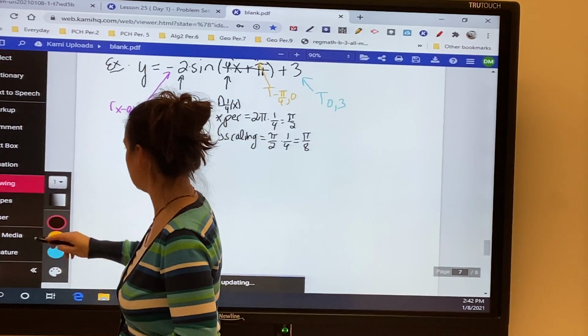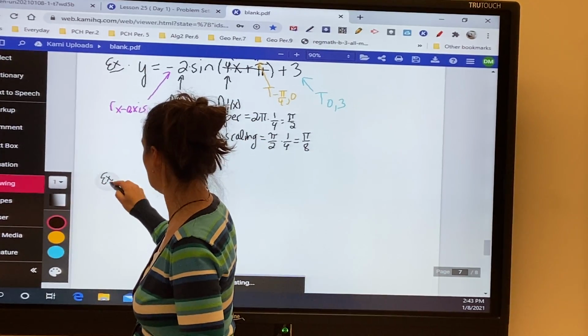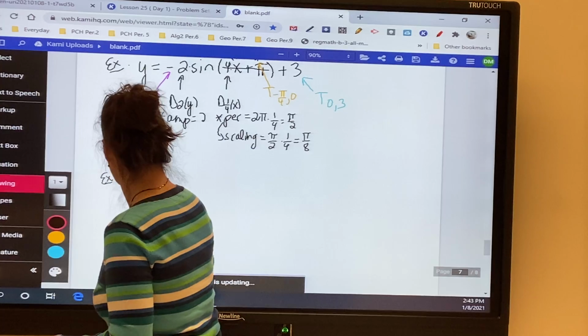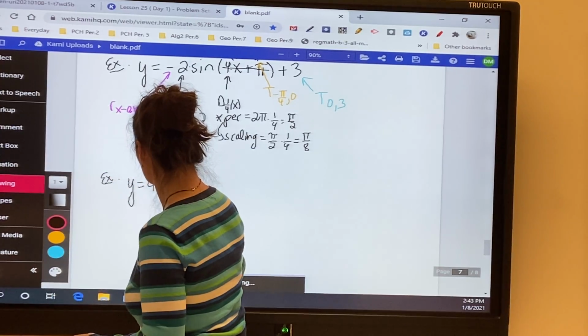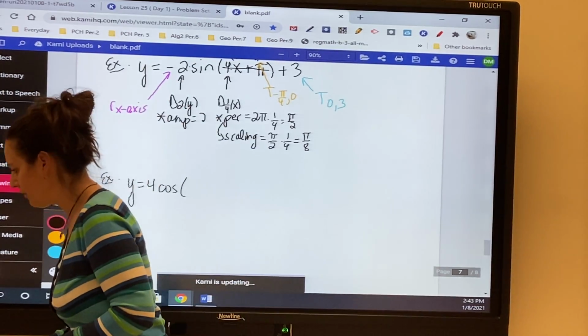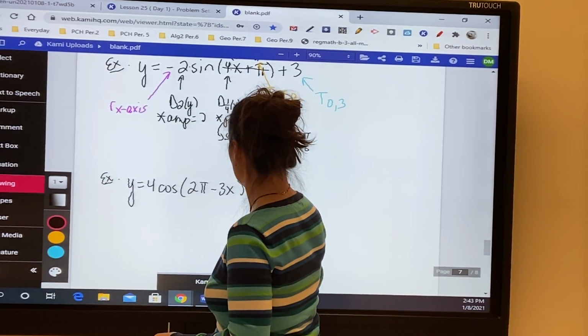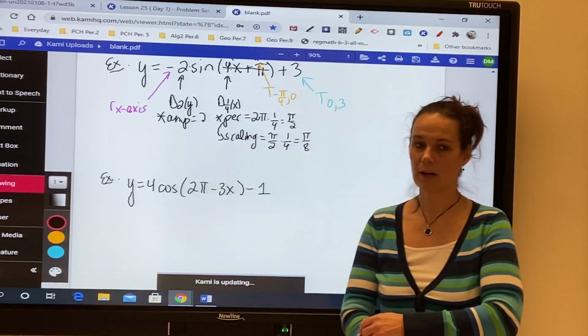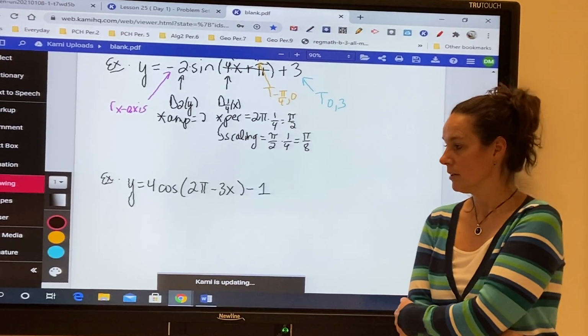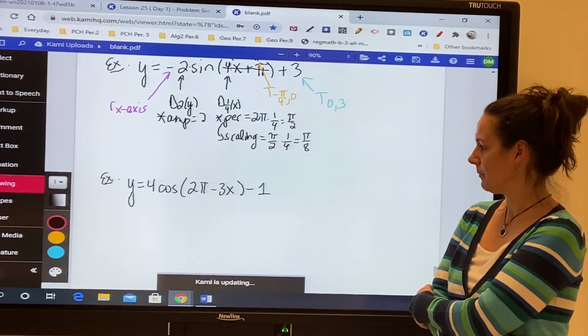This time we're going to take a look at y equals 4 cosine of (2 pi minus 3x), and then minus 1. So I'll give you a chance to get that copied down.